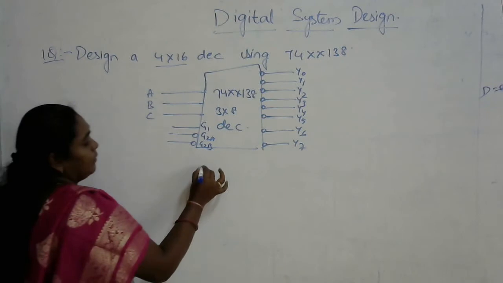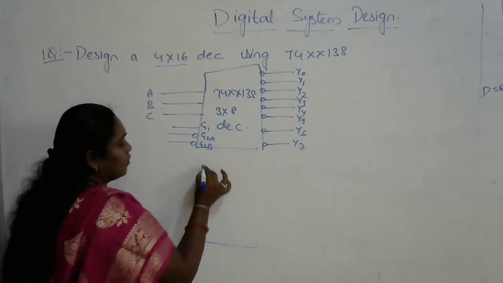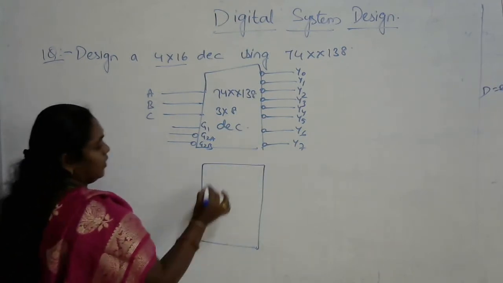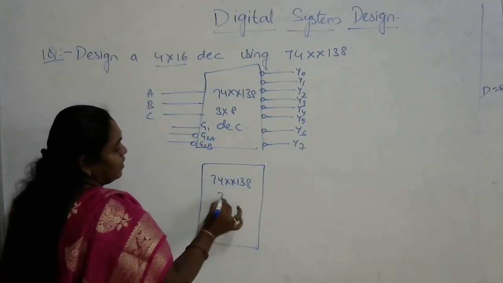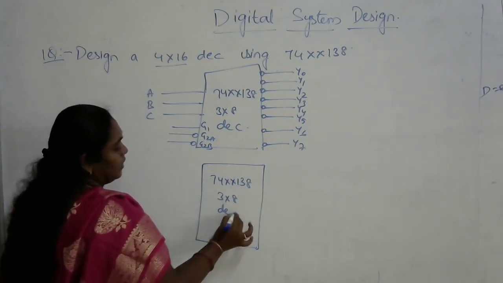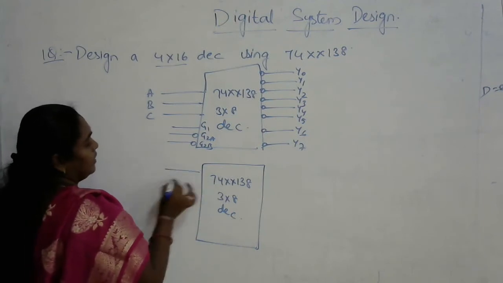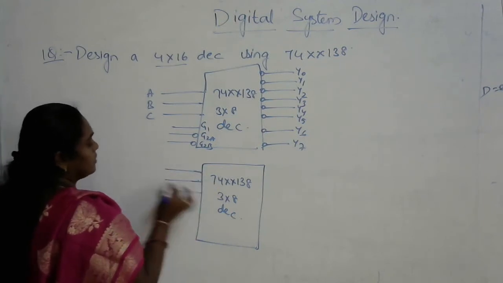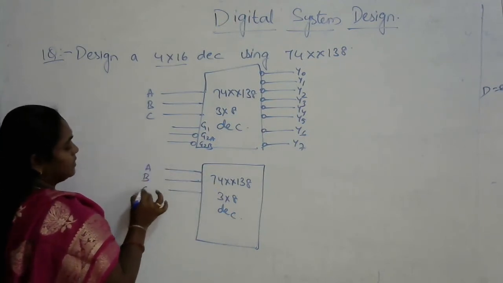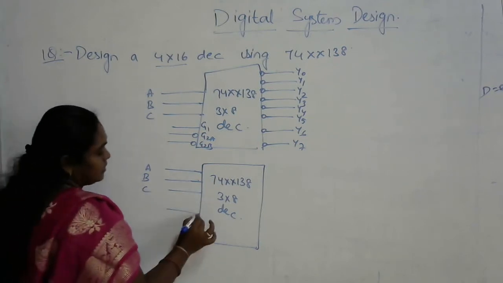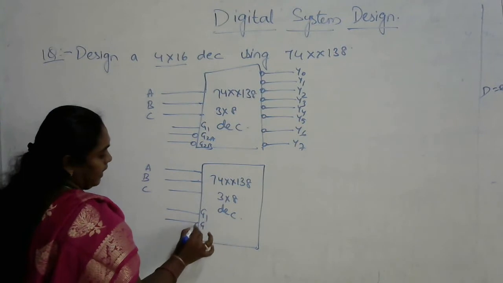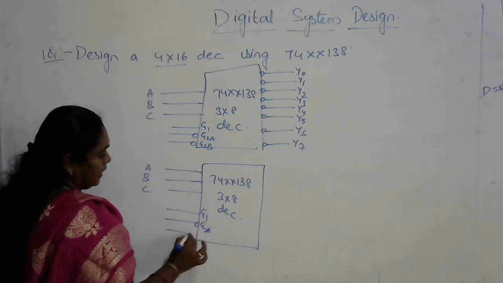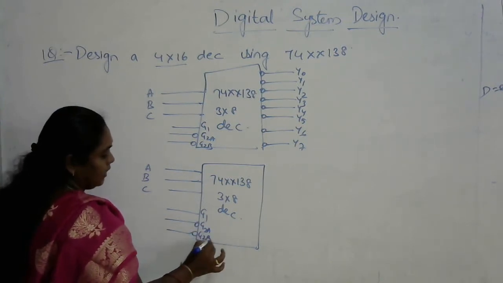Here I am drawing one more 74138 decoder. This is also a 74138, a 3 by 8 decoder, in which I have 3 inputs, which I also assume as A, B, C. For this IC also I have an active high enable pin, an active low enable pin, and the other is also an active low enable pin.